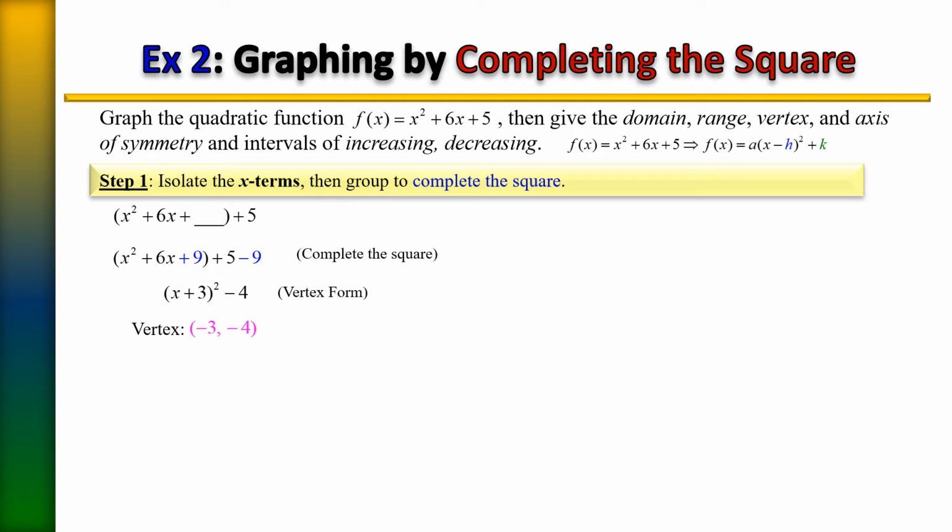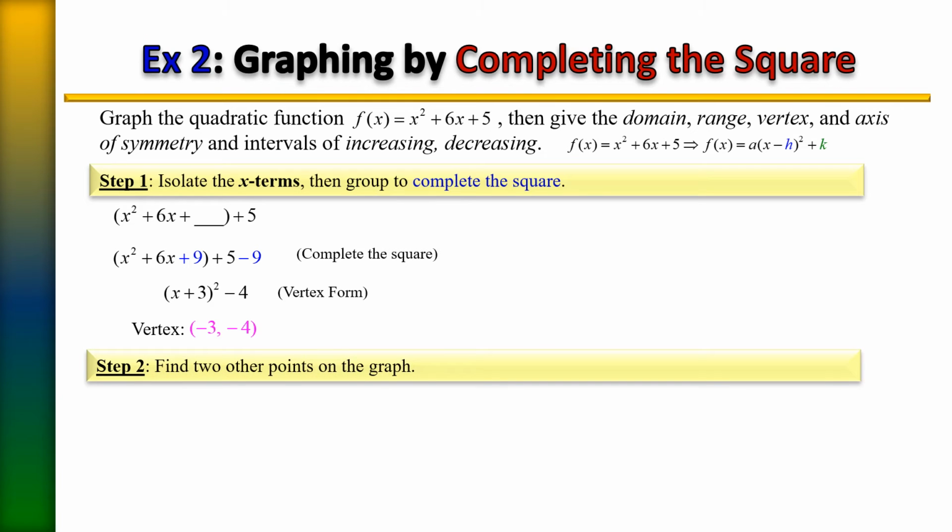Our vertex, if you were able to tell that, you could see that your x value was negative 3 and your y value was negative 4. In terms of the characteristics we need to look for, that's the domain, range, as well as the axis of symmetry and the intervals of increase and decrease.